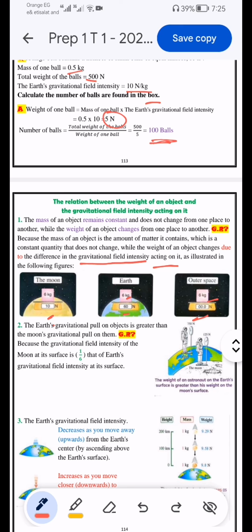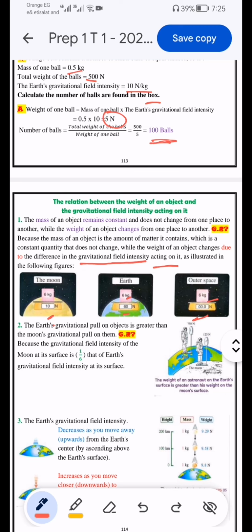But look at the earth and moon. Earth equal 60 Newton, but moon equal 10 Newton. That means what? The earth more than the gravitational field on the moon by 6 times. Gravitational field of earth greater than moon by 6 times, okay?